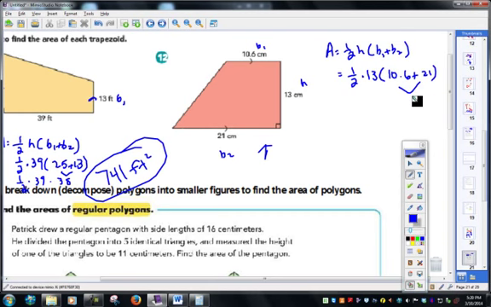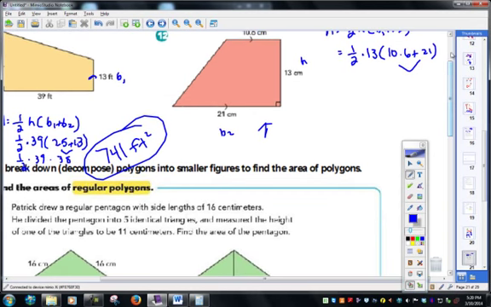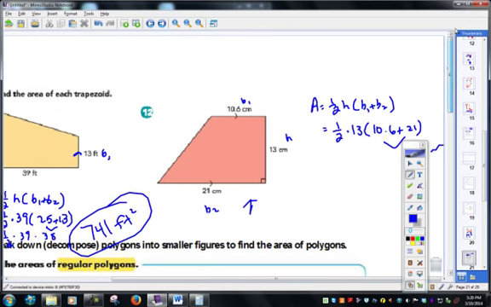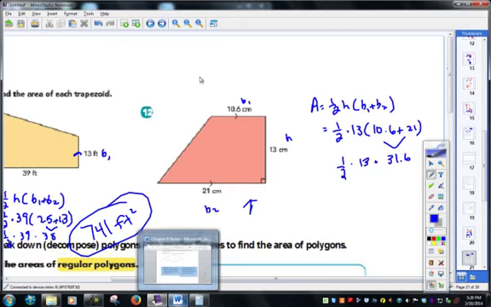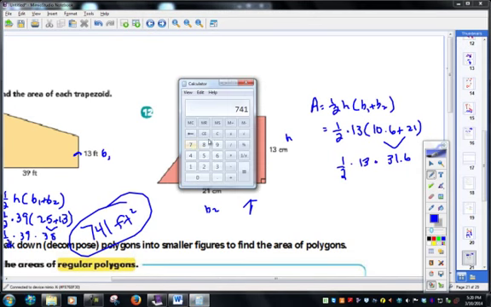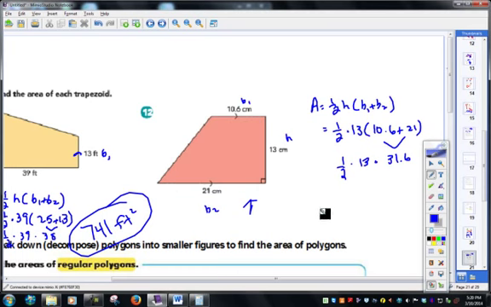This is going to give you 31.6, I think, times 13 times half, and there you go. Now you're ready to find the area, which is 0.5 times 13 times 31.6, bang, 205.4 centimeters squared.